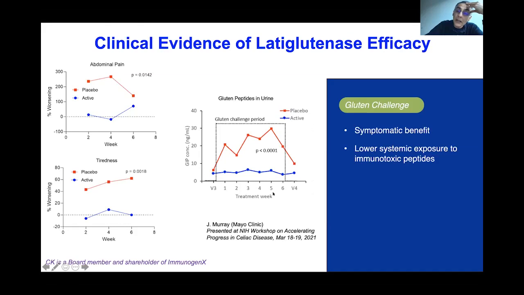But what I particularly want to point out, and I'll come back to this if time permits, is that in addition to being able to see effects on symptoms, one could also measure that there were urinary peptides derived from gluten that were significantly higher in patients who were treated with placebo.